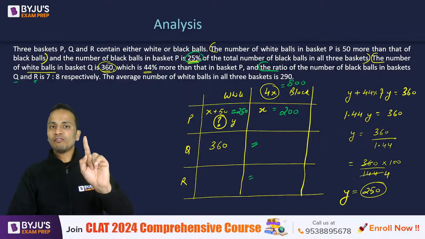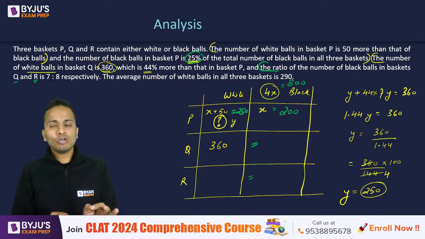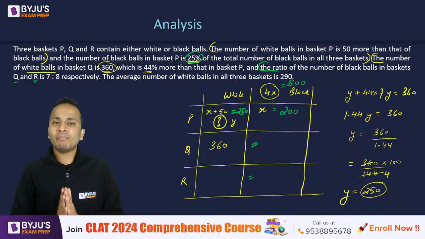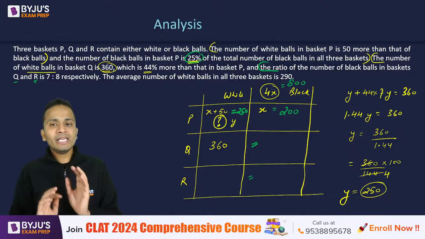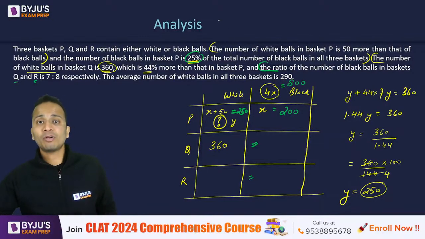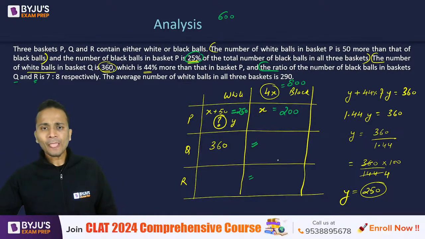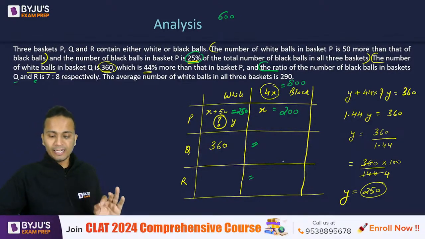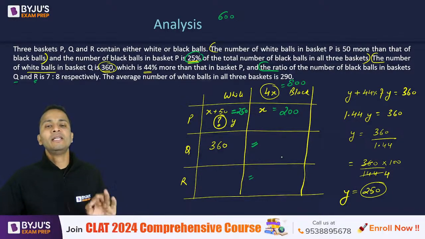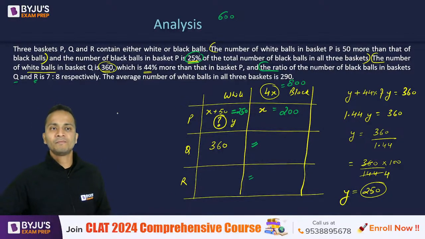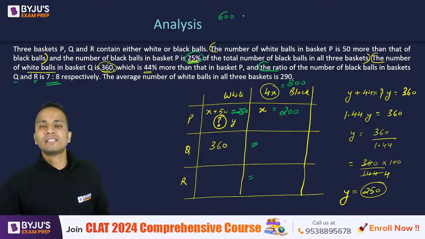So total number of black balls is 800, out of which 200 black balls are there in basket P. So remaining number of balls कितनी हो गई? Remaining number of black balls 800 minus 200, that is 600. Okay. So 600 is the number of black balls in basket Q and R, whose ratio is given as 7:8.